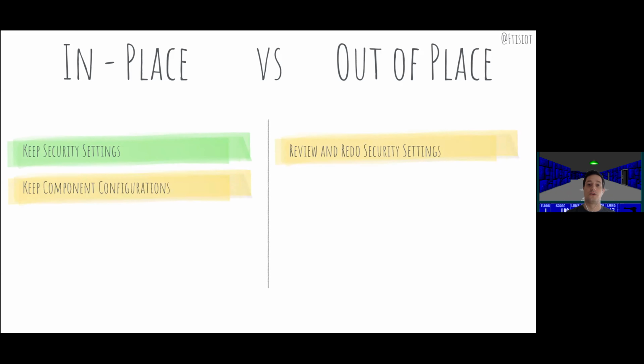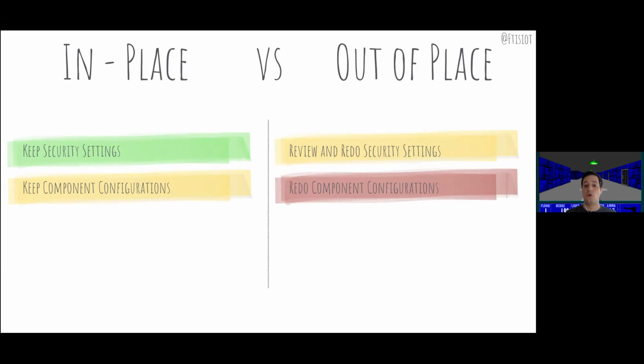The in place also keeps all the component configuration. For example, if you have a specific setting in the instanceconfig.xml file, you will have the same setting ported automatically to your OAS. At the same time, if you do an out of place, of course, you will need to redo all the configuration because nothing is ported from that point of view.